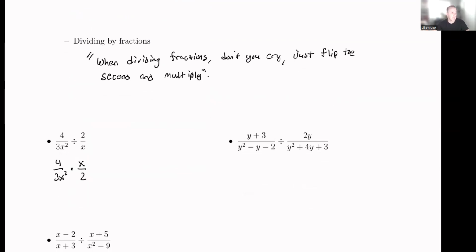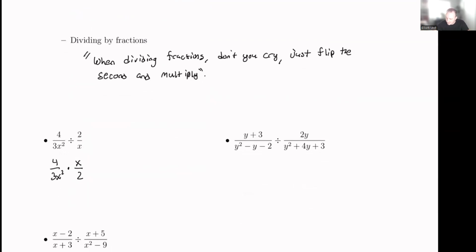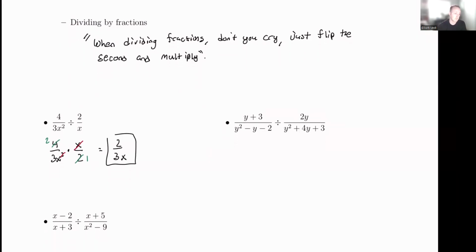I'm going to cancel before I multiply together. I see a 4 divided by 2. That becomes a 2 over 1. And I see an x here cancels with one of the x's in the denominator. I'm just left with 2 over 3x as a final answer. That's not too bad, right?